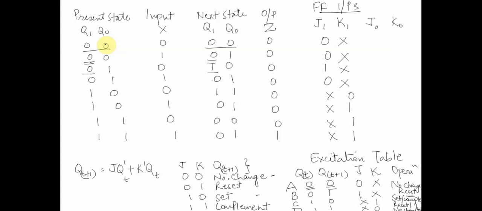How about the 0 flip-flop now? Present state is 0, next state is 0, which would mean it's 0 and x. 0 to 1 would mean 1 and x. 1 to 0, correct? We are comparing the next state and the present state. 1 to 0 means what?